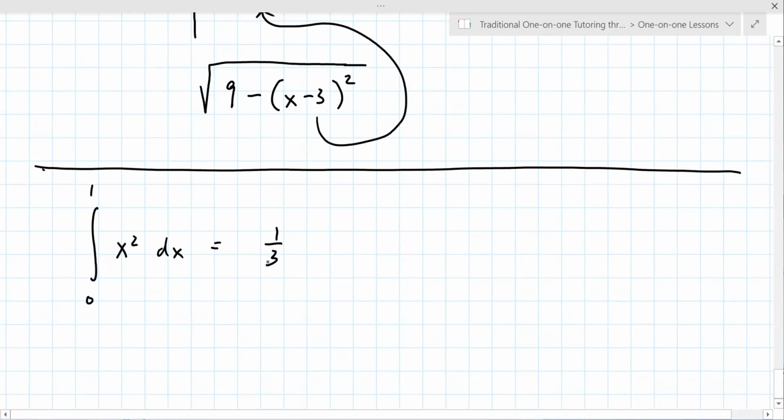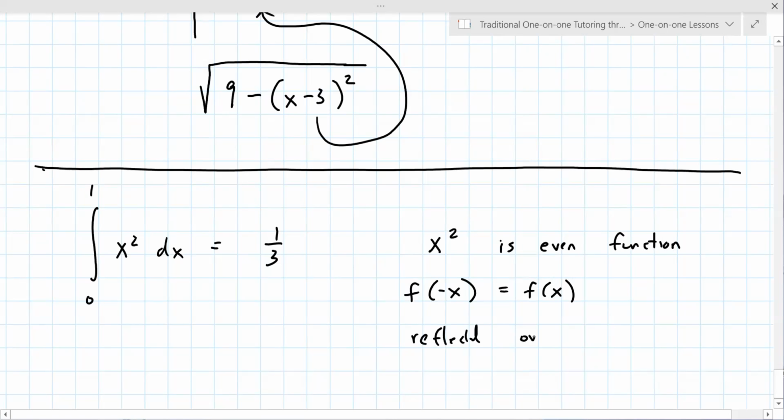Okay, that's going to be given. Do you recall that x squared is even? You remember what that means? Graphically it means that it's reflected over the y-axis.